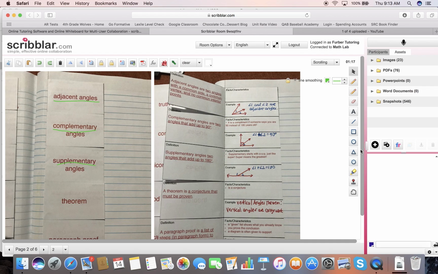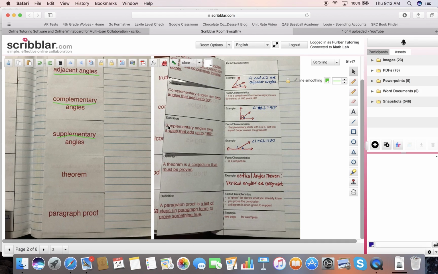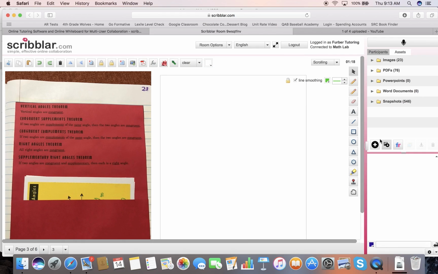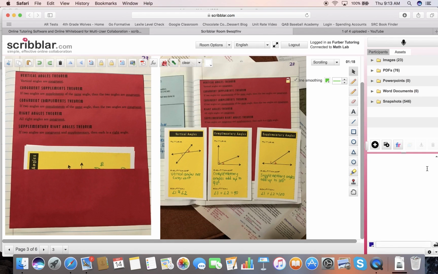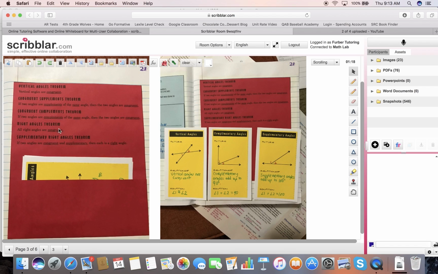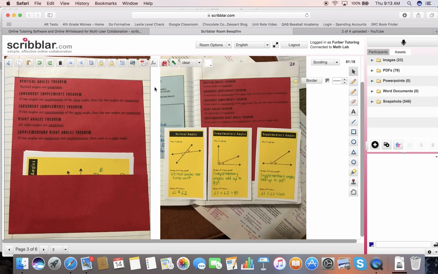Okay? All right, now we're going to come back to theorem and paragraph proof at the end, okay? But I want to talk about those 4 major angles. There is going to be 1 page in your notebook that looks like this, and it's going to give you all these theorems, which we're going to talk about in a minute, associated with vertical angles, supplementary angles, and complementary angles. We'll talk more about these theorems in a few minutes, okay?